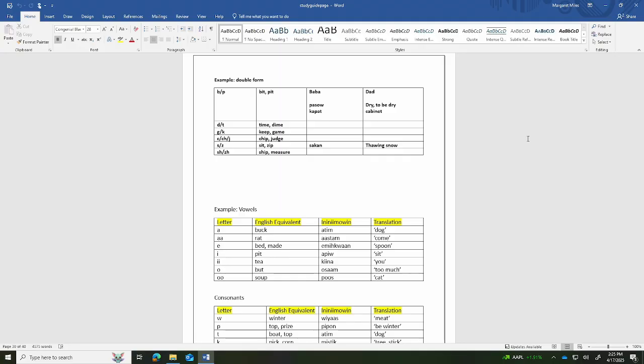The G and K sound. Kawina, meaning don't. Wihkato, meaning long time. Egwenag, for the first time. The CH sound.